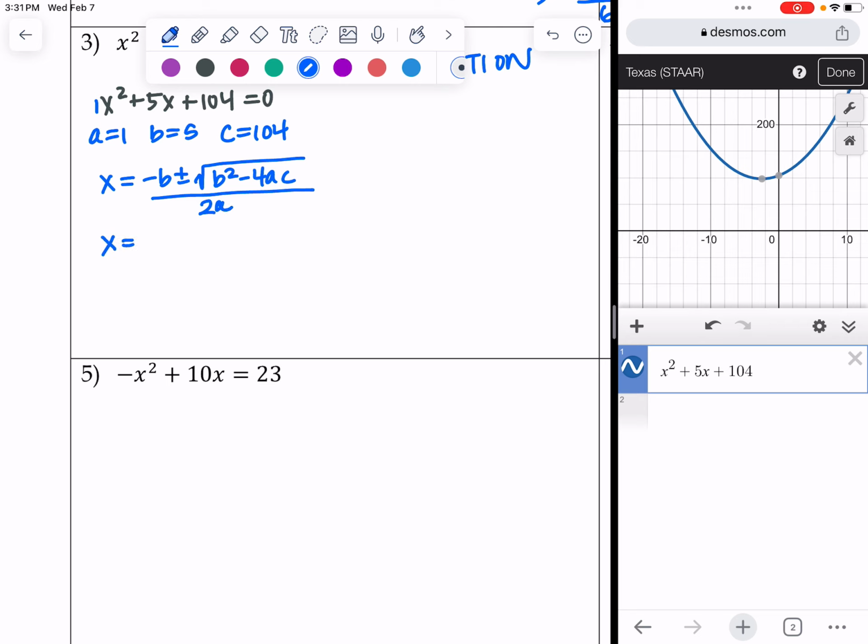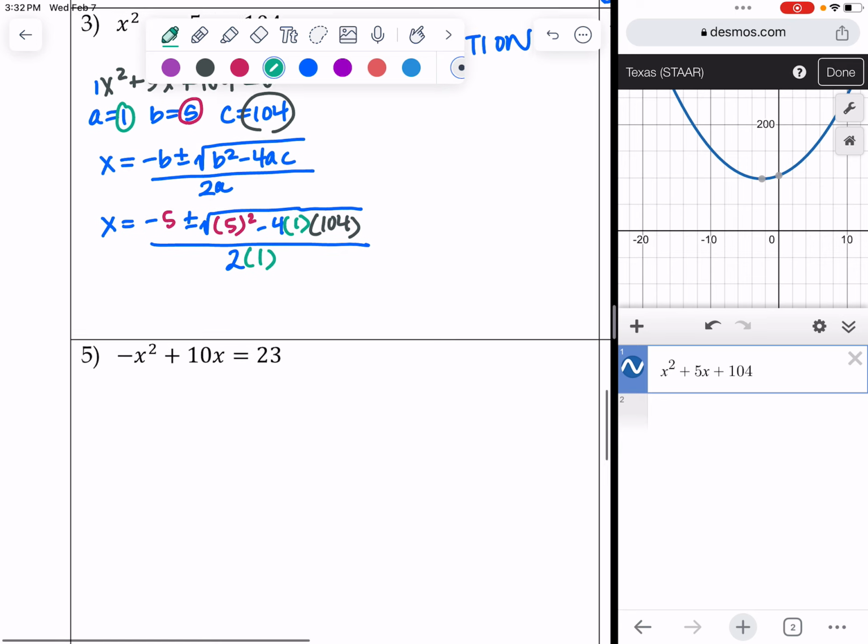So x equals opposite b plus or minus the square root of b squared minus 4ac. All over 2a.